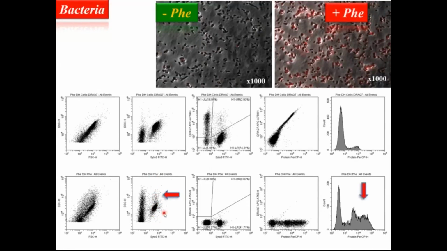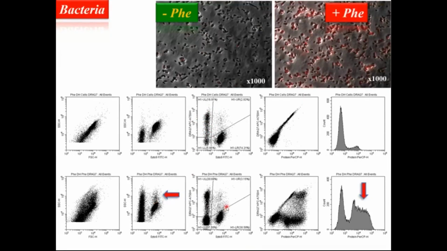But how many of them are alive? So when we put the DRAQ7, we can see that we have a lot of these events dying and they are DRAQ7 positive. If we look at the same thing in my target ones, we can see a lot of DRAQ7 positive cells that are double positive as well here. When we look at the histogram, this is how it looks like without the DRAQ7.